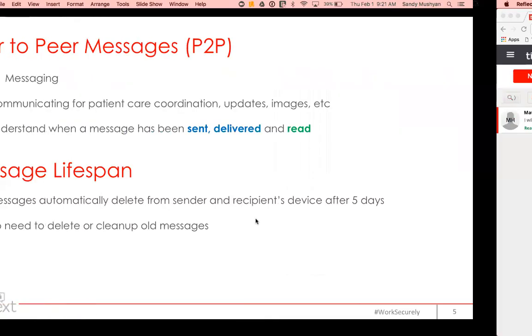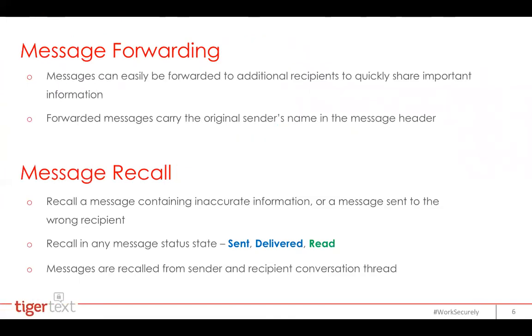Okay. Let me hop on over back to my little presentation here. So a couple of tools present both in person-to-person messaging and also group messaging are message forwarding and message recall. So message forwarding is really a way to share a picture or a message with another person or a group of people.